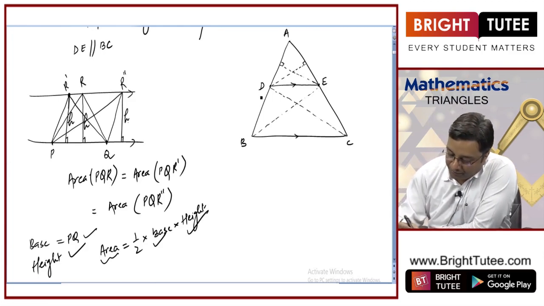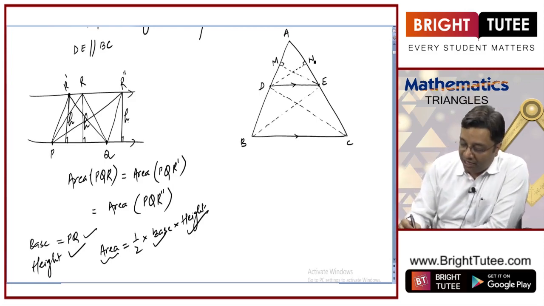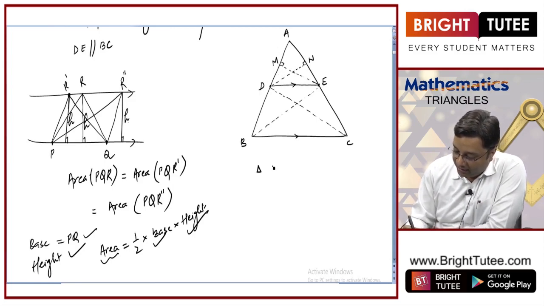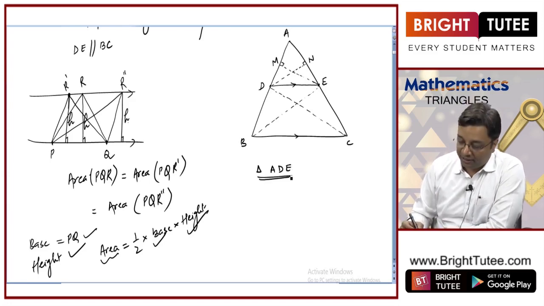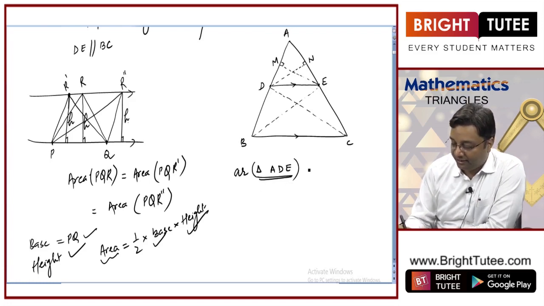Okay. Let us name these points M, N, right. So, I want you to focus on this triangle here. If let us say talk about triangle ADE, okay, what will be area of triangle ADE? Let us denote it by area of triangle ADE.